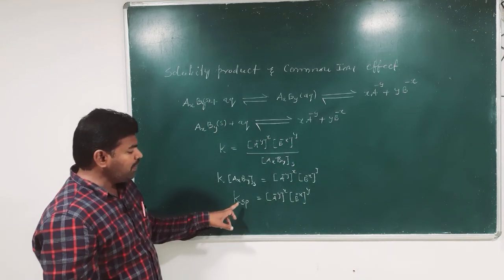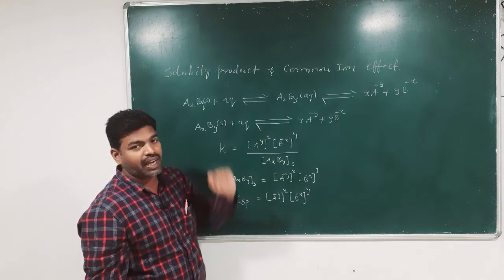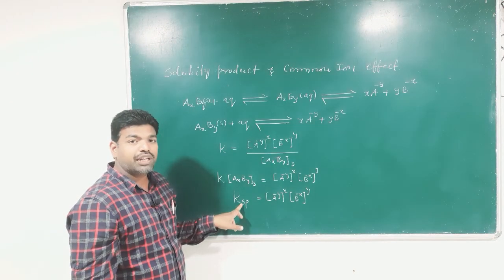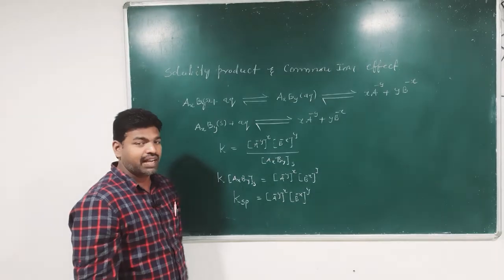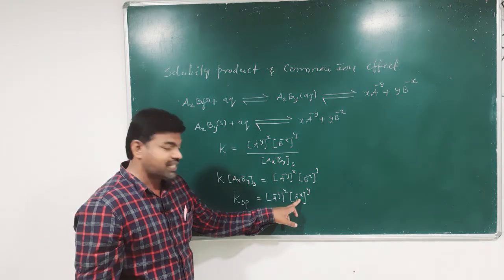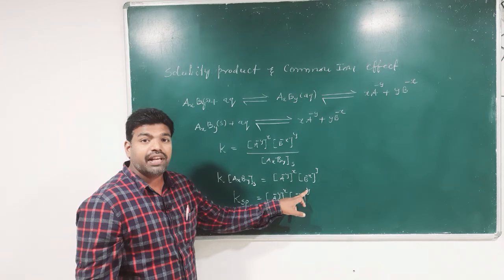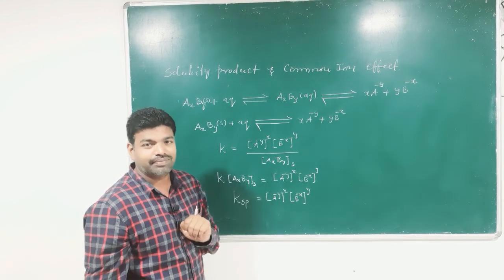So the solubility product is a product of the ions that are formed by ionization. We can define the solubility product as the product of ionic concentrations raised to suitable powers of a sparingly soluble salt in its saturated solution.